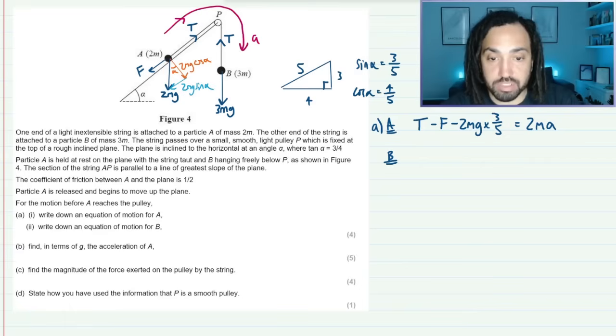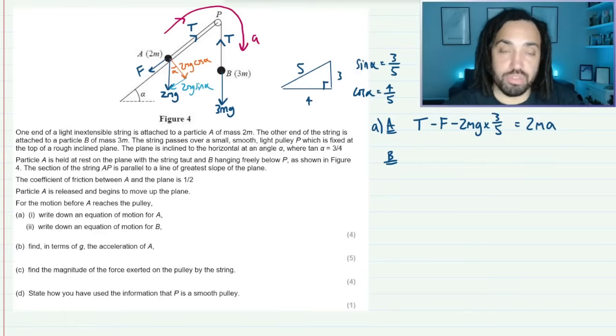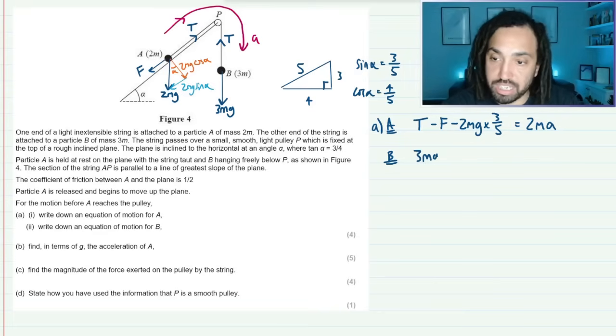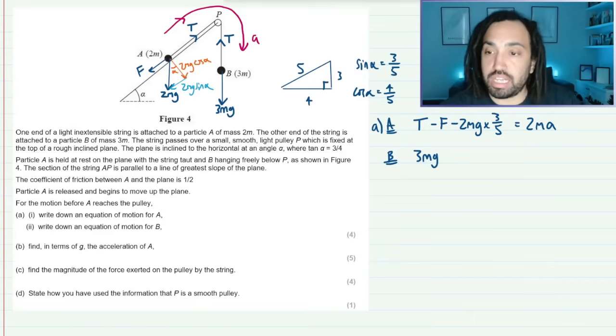Write down the equation of motion for B. So again, looking at the direction of motion, we've got 3mg going down, and we've got T going against the direction of motion, so negative, and that is equal to the mass times the acceleration.